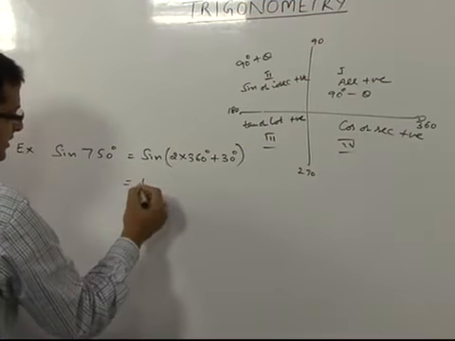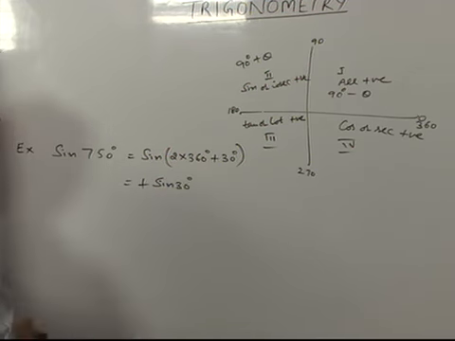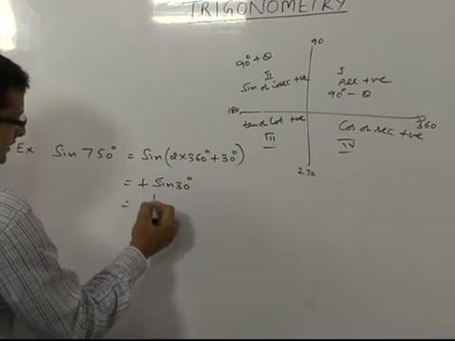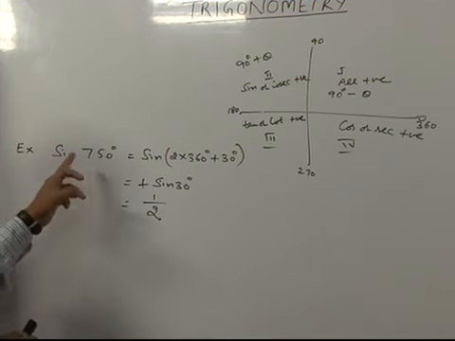So in the first quadrant sine is positive and it is sine 30 degree, and we know sine 30 degree is 1 by 2. So with the help of these allied angles we can find the trigonometry ratios of higher angles.